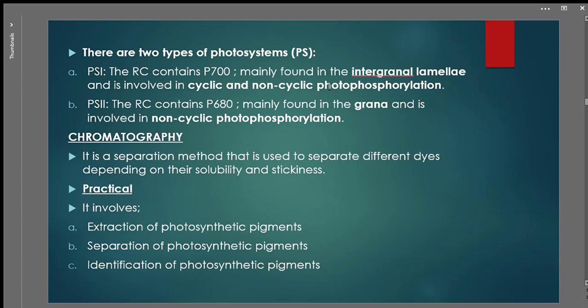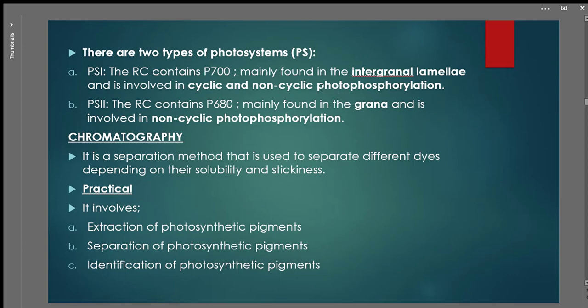Now, what is this photophosphorylation that we are talking about here? The word photophosphorylation is made up of basically three words joined together. We have photo, we have phosphor, then we have lation. Now, lation is a process of addition. Phosphor is the element phosphorus, and photo refers to light.